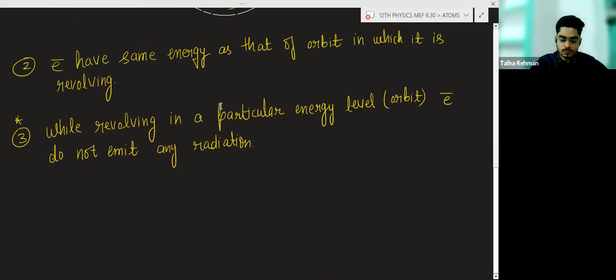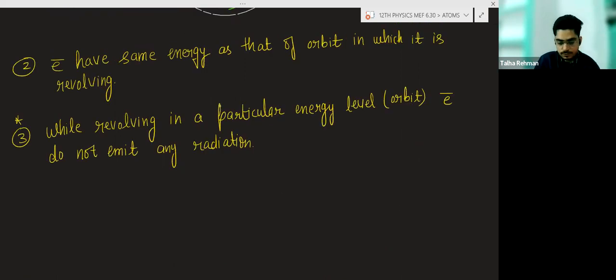Actually, there are two things basically: classical mechanics and quantum mechanics. At the atomic level, we cannot apply 100% classical mechanics. We have to change our thinking; here quantum mechanics will work.